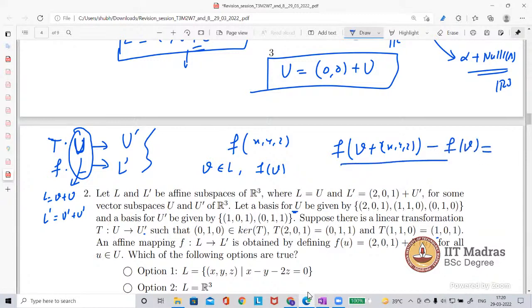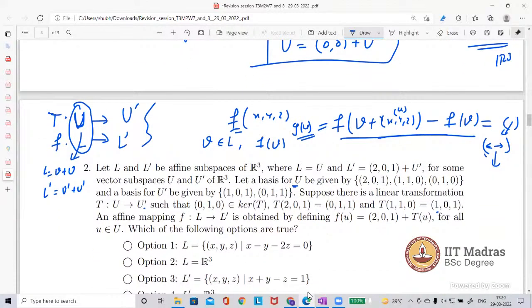This equation gives us some x, y, z terms. Now check these terms; this final mapping is, as in the video, g(u). If you suppose this is u, then this is g(u). Is this g(u) a linear transformation or not? If it is a linear transformation, then you can directly say this map is an affine mapping corresponding to it.